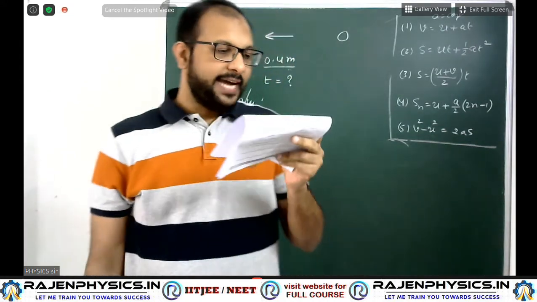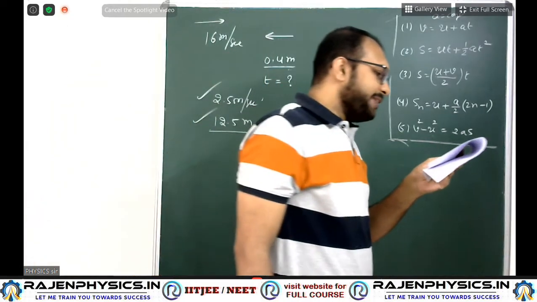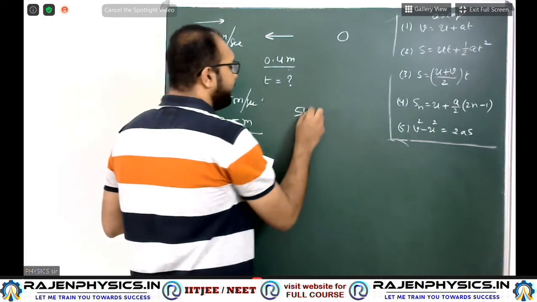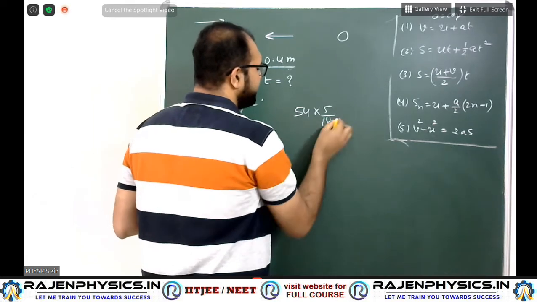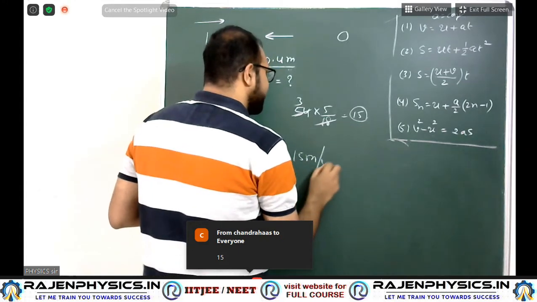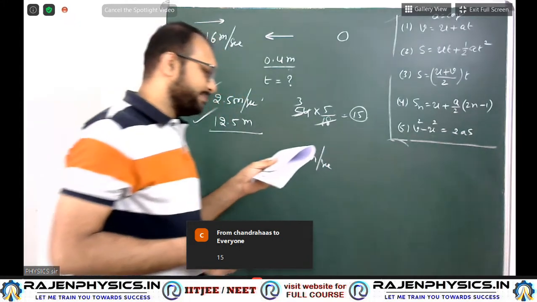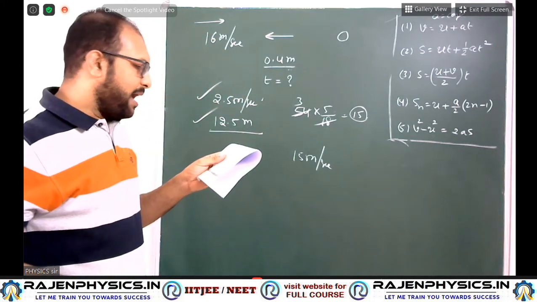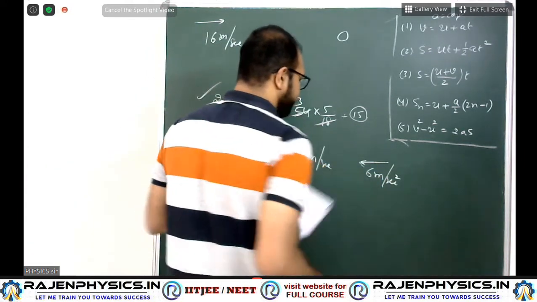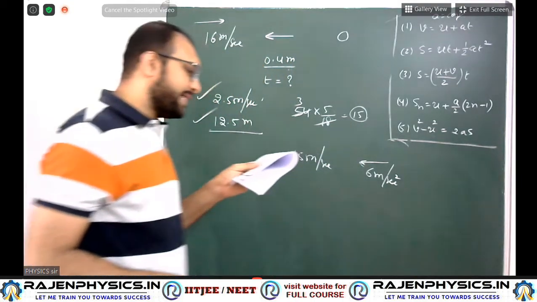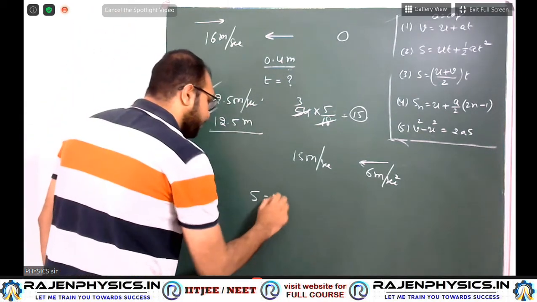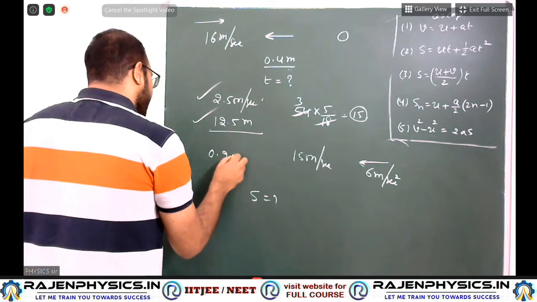This is called the reaction time of the driver. If he is driving a car at a speed of 54 kmph, that is 54 times 5 by 18, so 15 meter per second, and then applies the brakes causing a deceleration of minus 6 meter per second square, find the distance traveled by the car after he sees the need to put the brakes on.